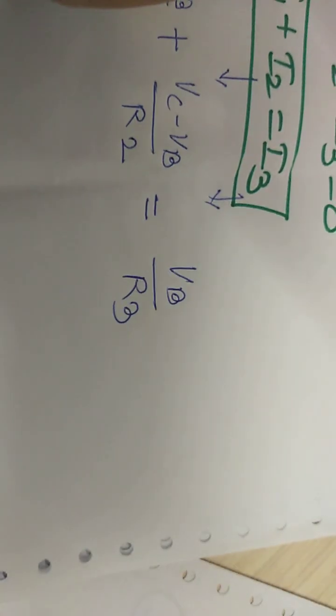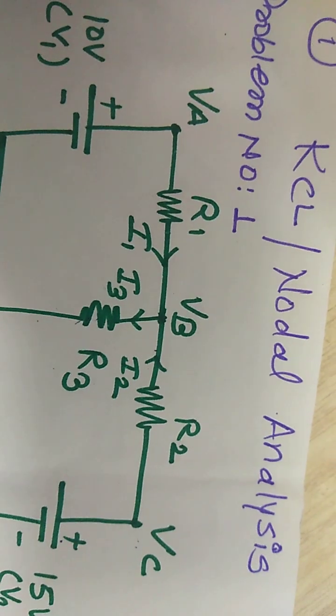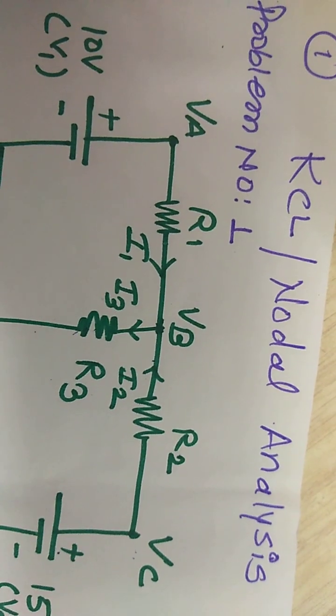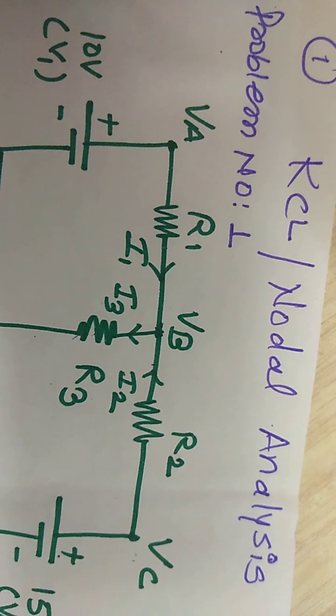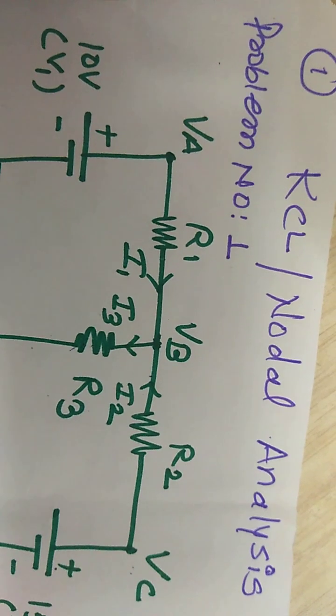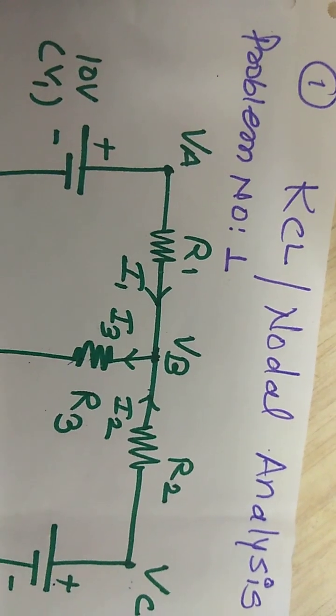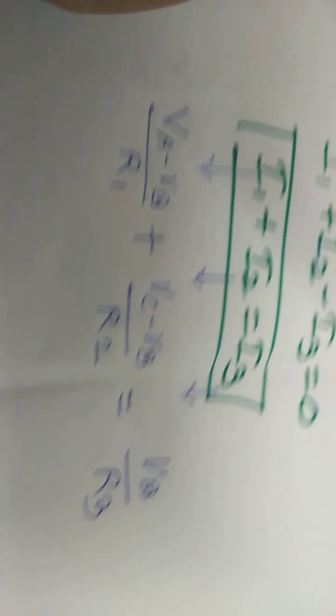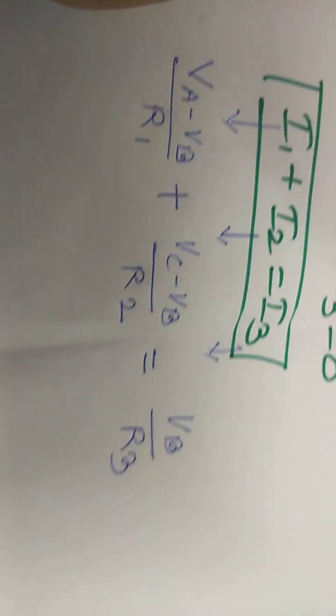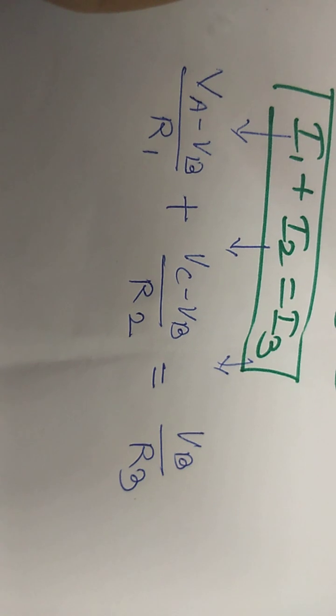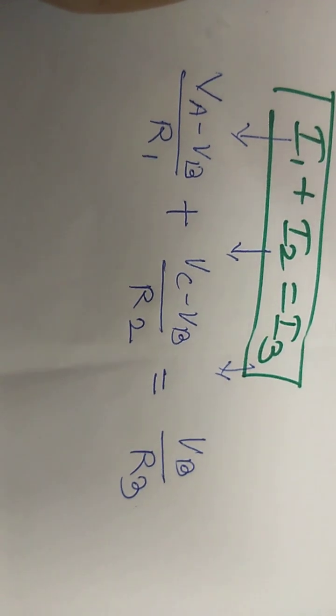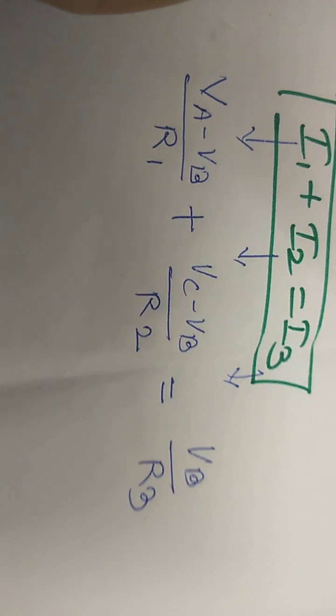Why am I taking it like that? Because there is no particular supply given to drive the current. Hence we can write the equation as current I is equal to V by R, meaning VB by R3. In this way we can represent an equation to solve nodal analysis or Kirchhoff's current law.